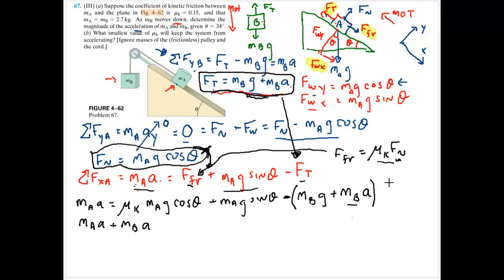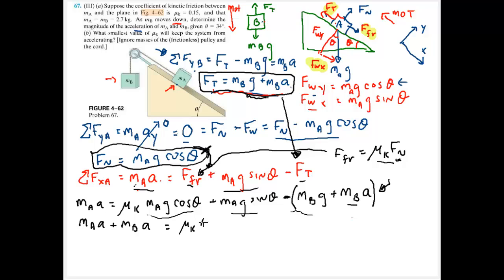What I did on the last step was isolate my acceleration on one side, and over on this side I'm going to have all of my leftover terms.